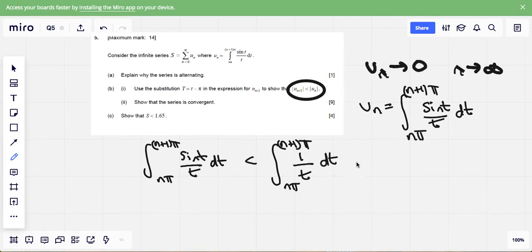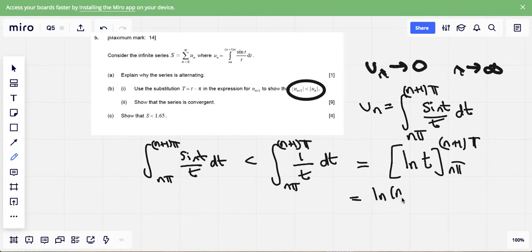Well, this integral equals ln t between n pi and n plus 1 pi, which equals ln of n plus 1 pi minus ln of n pi, which equals ln of, well, it's n plus 1 over n.